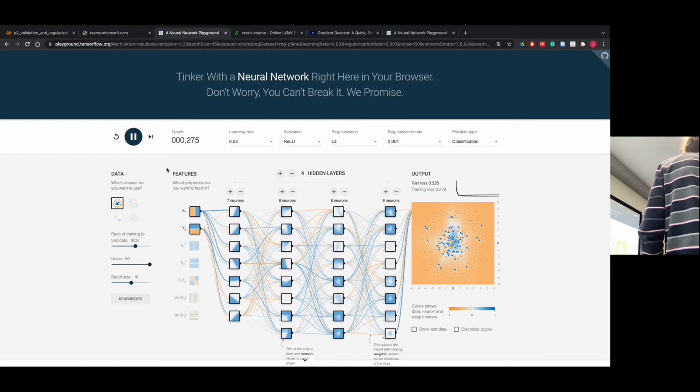Hope my regularization is enough. But with regularization, you should not overfit so much. You still overfit a bit, of course, here because it's very, very noisy.